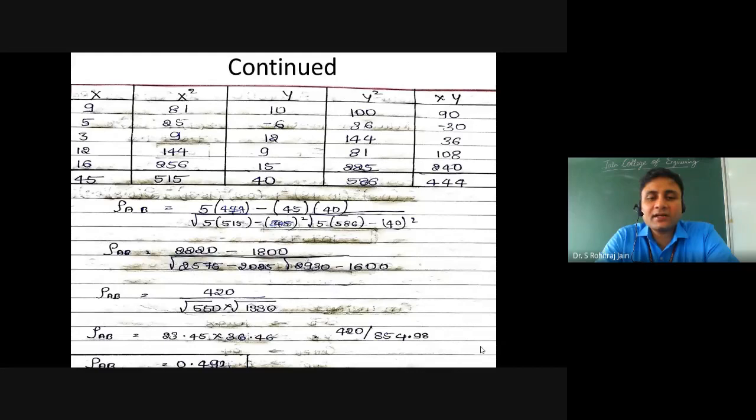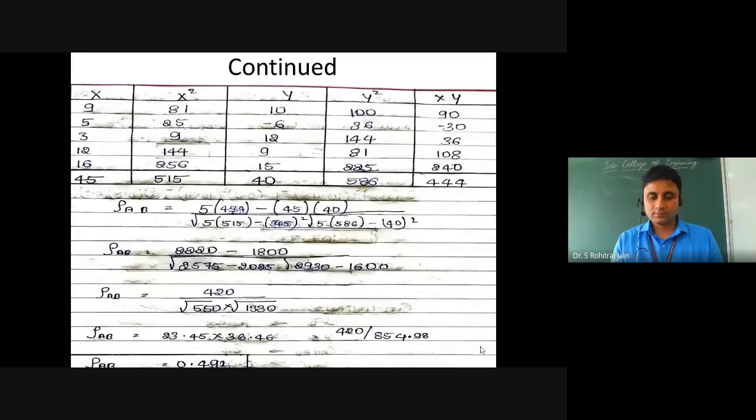So what I'm calculating now, you should be very, very cautious. First I'll do 5 multiplied by 444, that is 2220, minus 45 multiplied by 40, which is equal to 1800. Now I'll solve the individual components. 5 multiplied by 515 minus 45 square, that is 550.